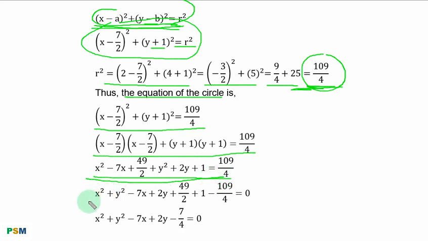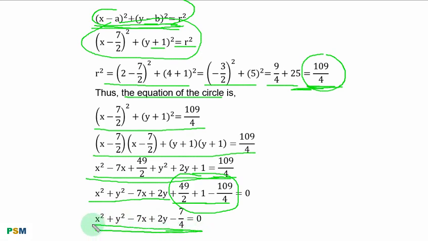We take x square plus y square minus 7x plus 2y. Then the sum of the constants, we transfer this term inside, it becomes negative. When you simplify these three terms, you have minus 7 over 4. So you have the complete equation of the circle.